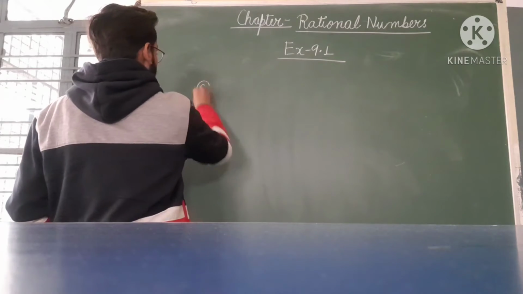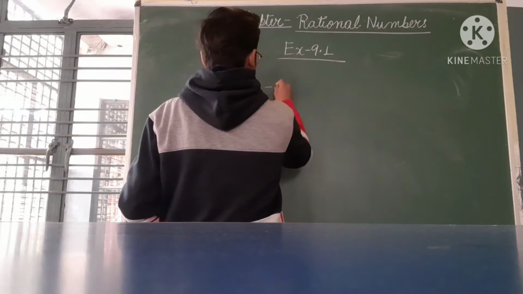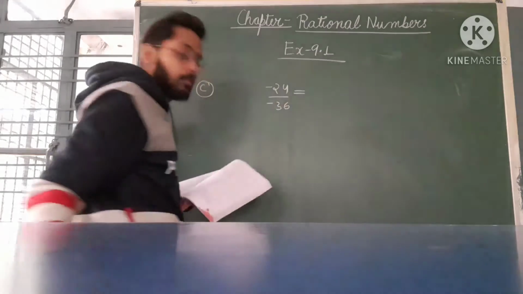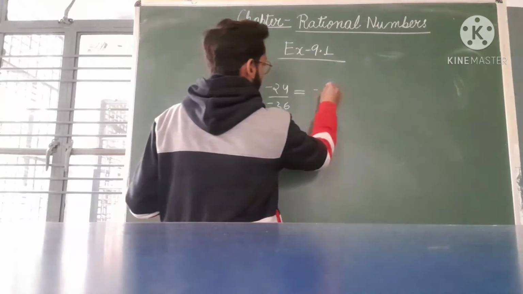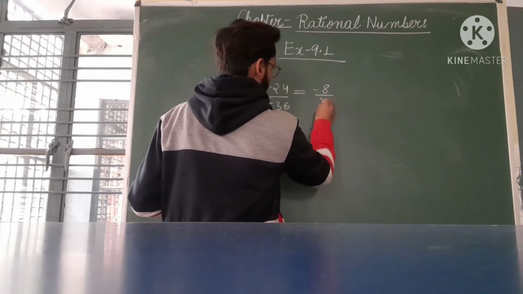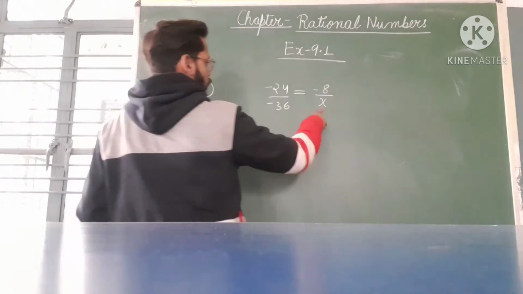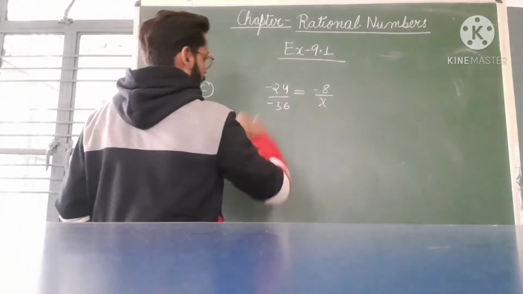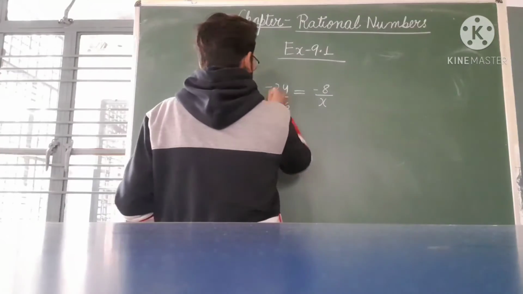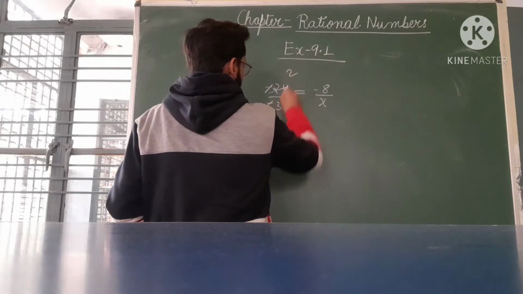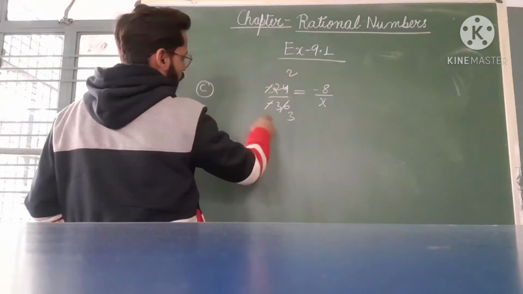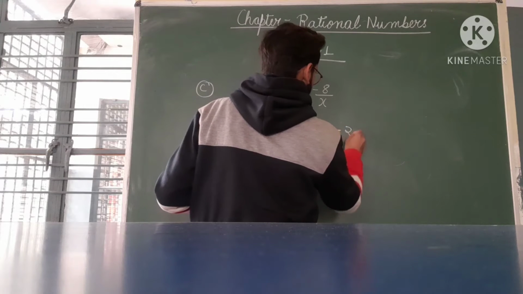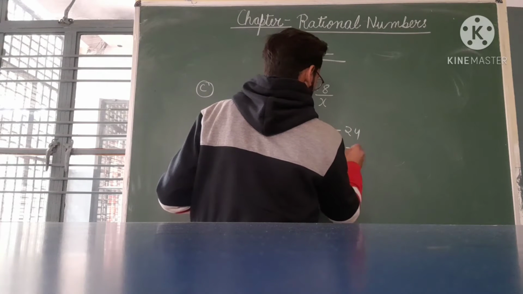Numerator as minus 8. Denominator as minus 8. So we have to express minus 24 upon minus 36 with numerator minus 8. So we take numerator minus 8 and denominator x, because we have to find the value of x. Minus minus is cancelled out. We have to solve it. 12 2s are 24, 12 3s are 36, and we will get 2x is equal to minus 24. x is equal to minus 12.